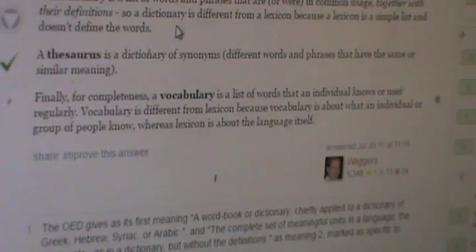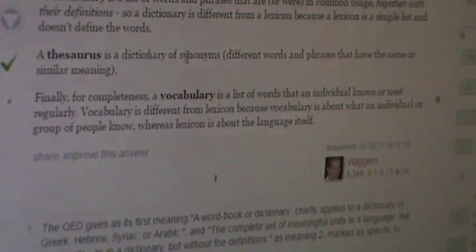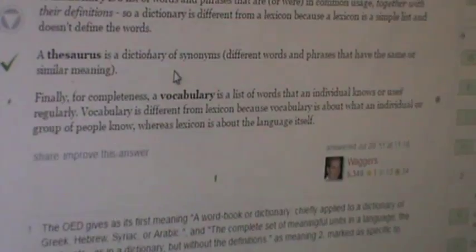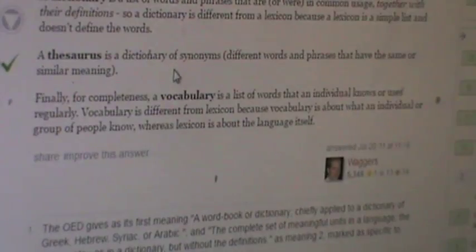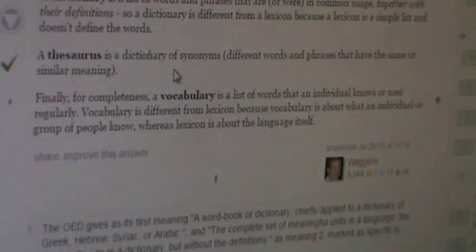Oh, okay. What would an individual? That's well said.